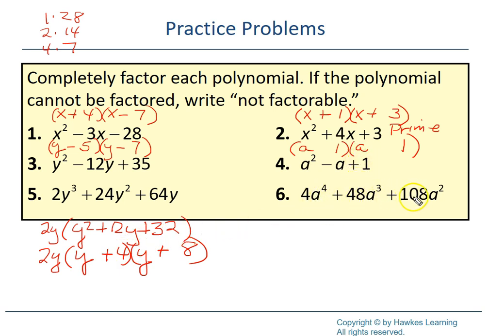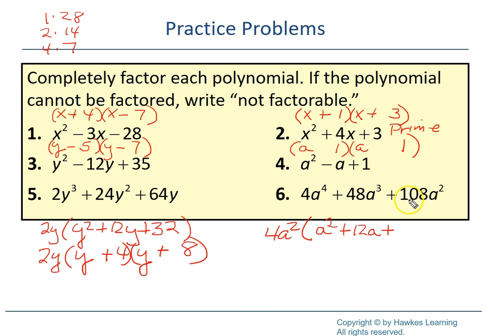Now here we're going to take a 4 out of everything, 4a squared. And this will give us a to the 4th. How about a to the 2nd here? This is going to be 12a.